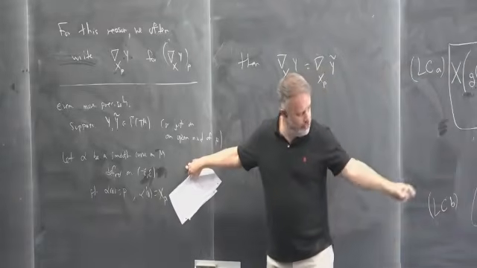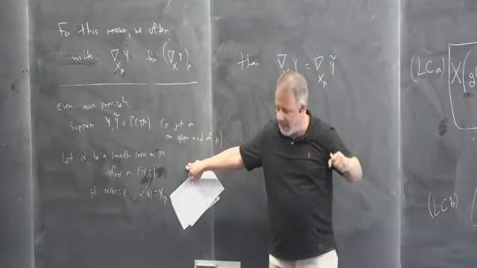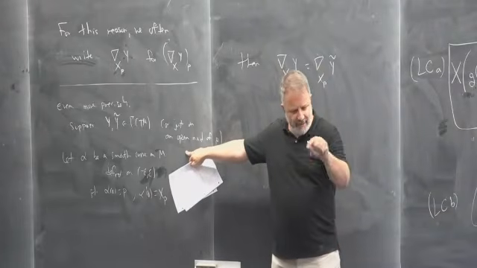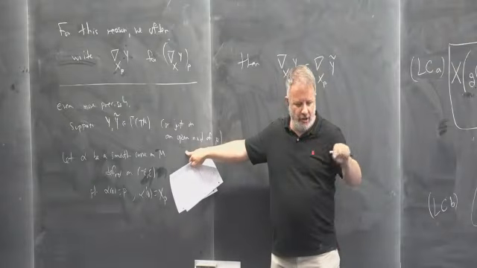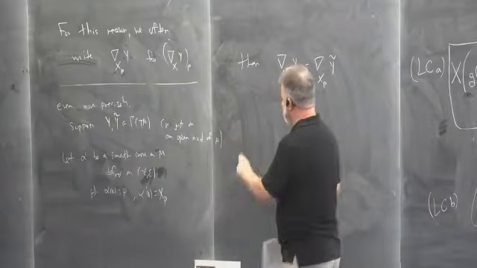In other words, it's true that it doesn't just depend on Y at the point P, it depends on Y in a neighborhood of P, but all it really cares about is the values of Y on an arbitrary curve passing through P with initial velocity XP.